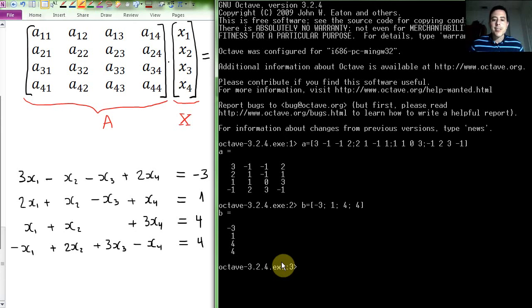Now Octave has a built-in procedure to solve systems very easily. You can simply do x equals, this x here is actually the column matrix, okay?